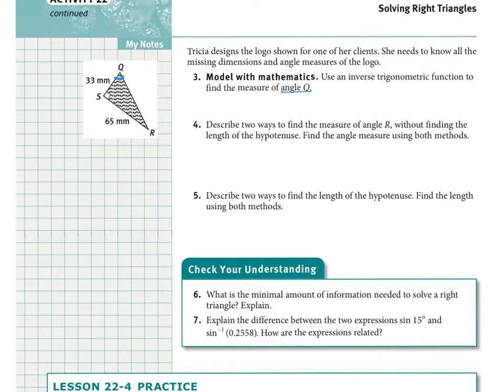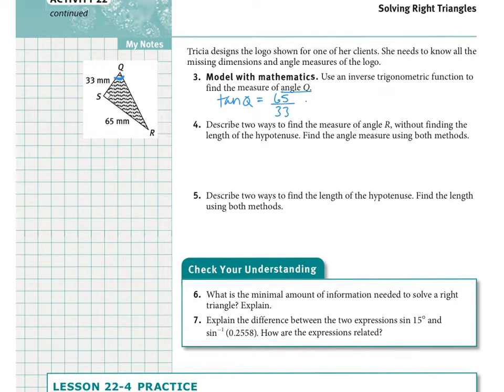All right, so hopefully you picked inverse of tangent, right? Because we know, let's say we have tangent of Q, right? We know tangent is always going to be opposite over adjacent, so it's going to be 65 over 33. And like we talked about, we want to make sure we're doing the inverse.